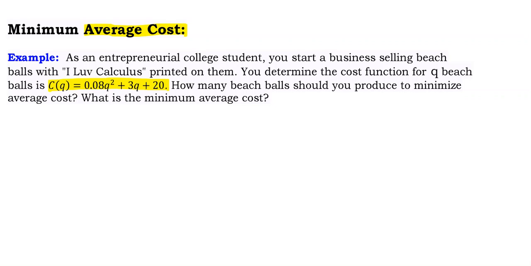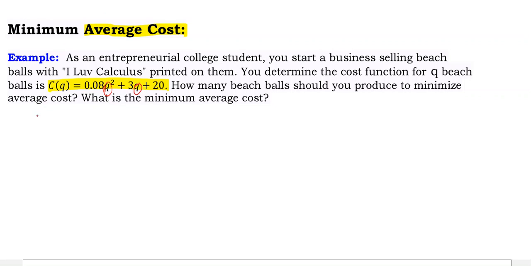The second thing everyone should realize is that there is only one independent variable, and that independent variable is the Q. So there are not two independent variables, only one. Therefore, we do not need a constraint equation. And once we find the average cost function, that will be our objective function.